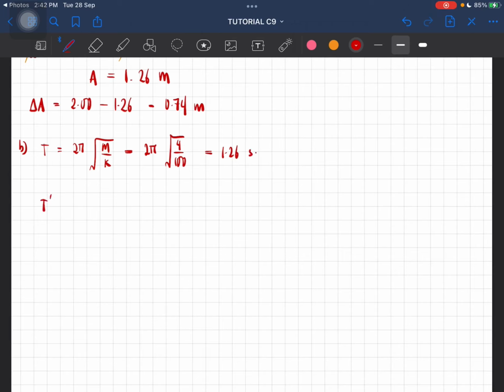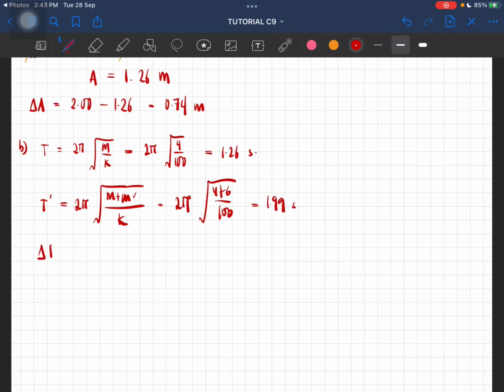Then for the new period, it is 2 pi square root of (m plus m prime) over k. So 2 pi square root of (6 plus 4) over 100, which gives 1.99 seconds.